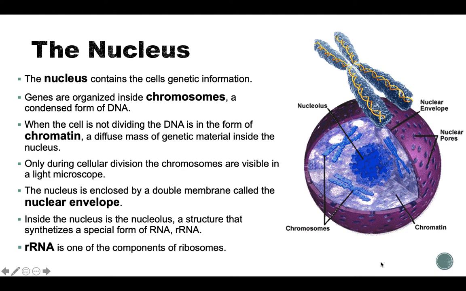So let's start with the most important, or the most well-known, organelle of animal cells, and that would be the nucleus. The nucleus contains the genetic information of the cell. So it is in here where you're going to find the instructions for doing every single cellular process in a living organism.